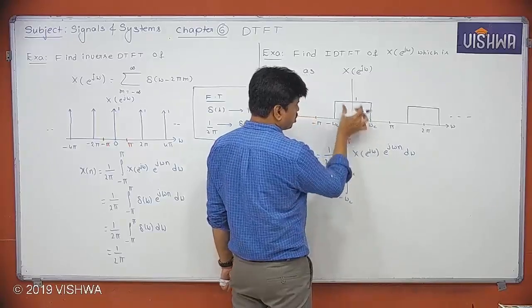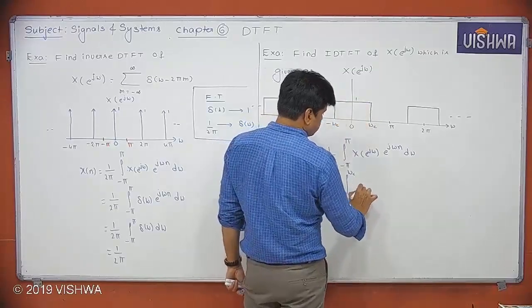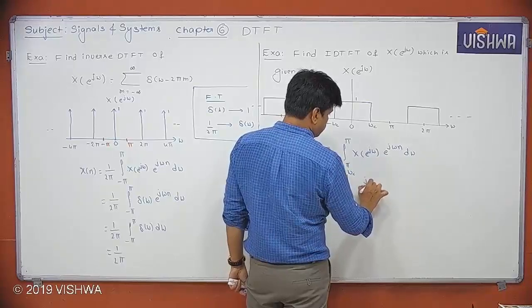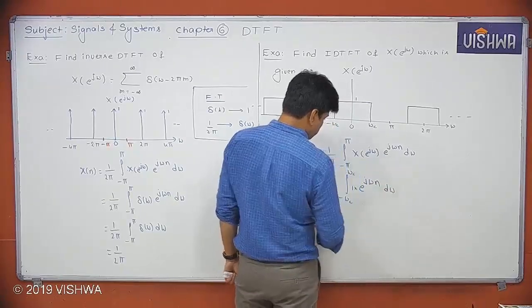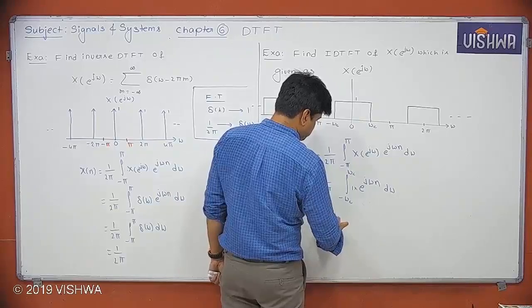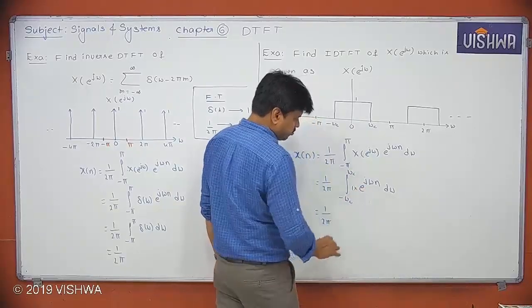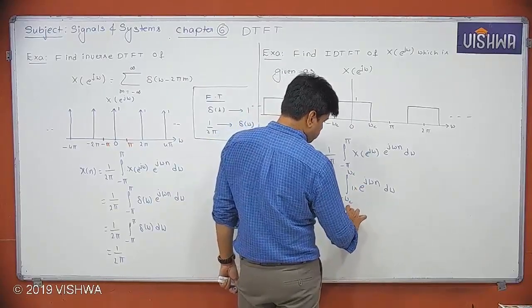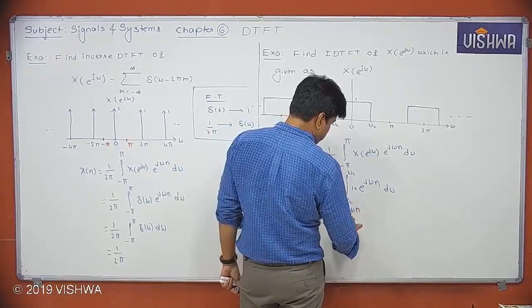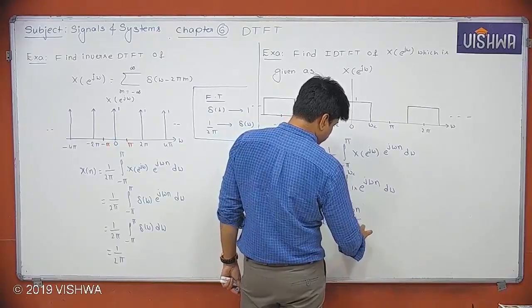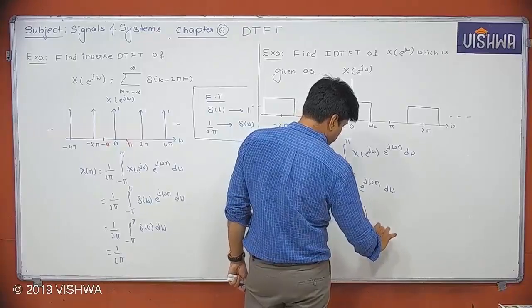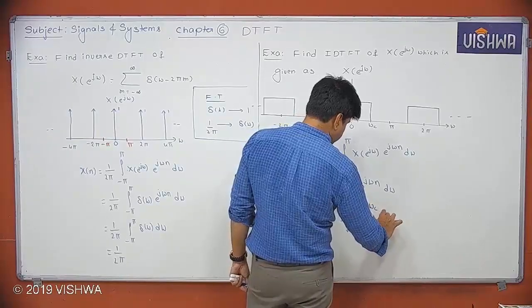What is x of e power j omega there? It is 1. So 1 by 2 pi, integral of e power j omega n d omega. What is the integration? e power j omega n by j n, with respect to omega, with limits minus omega c to plus omega c.